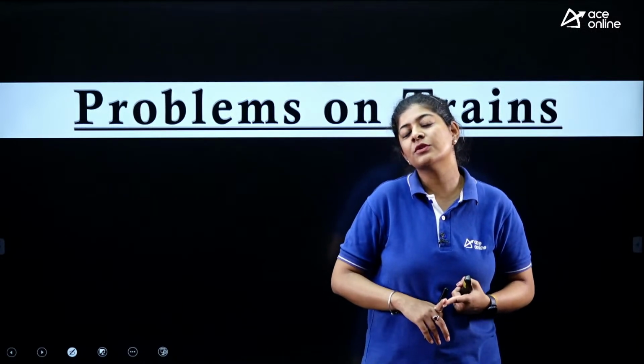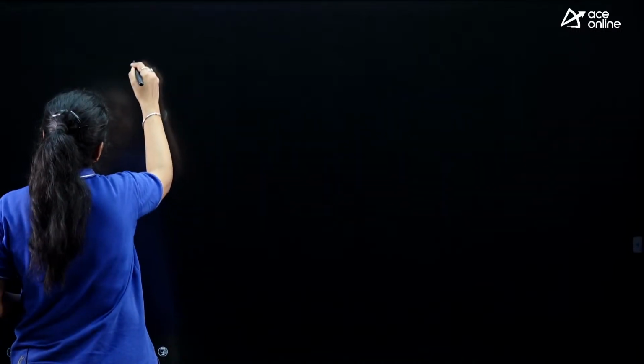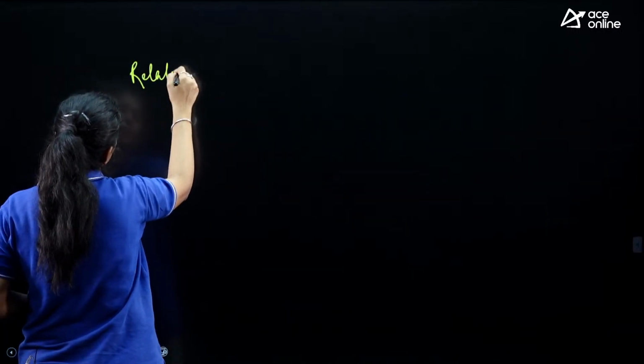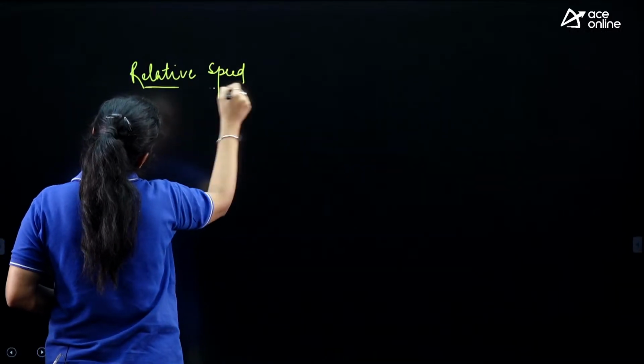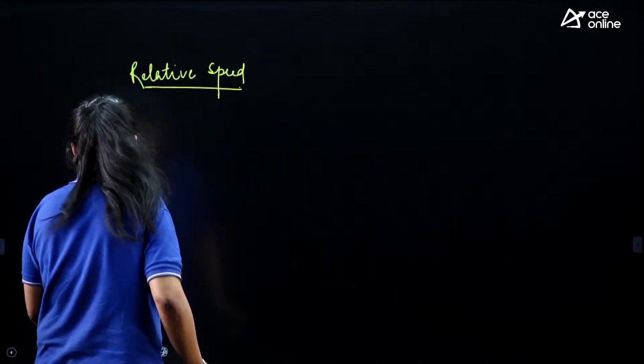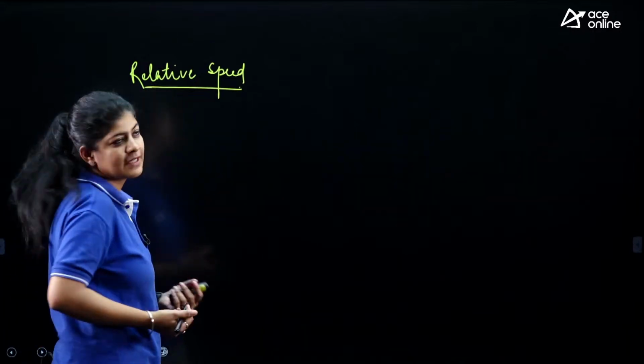Here we need to use the concept of relative speed. I'm just hoping that everyone is aware of the concept of relative speed. If you are not, then you can just listen to this particular thing for a few seconds, and after that we will start our session.